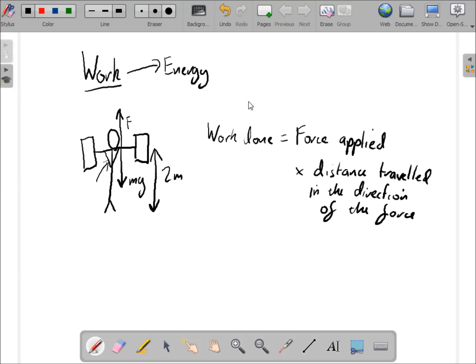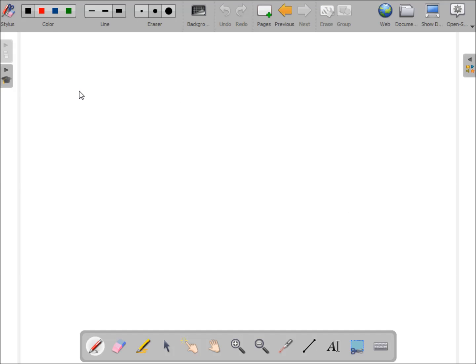So we're going to give ourselves a new page and look at some examples of where this is used. The first example we're going to look at is almost the reverse of the one we just had. In the one we just had, we gave kinetic energy to an object to transfer it to G.P.E. We lifted it up to a certain height. And we'll look at, in a later example, exactly what's going on with the maths there.